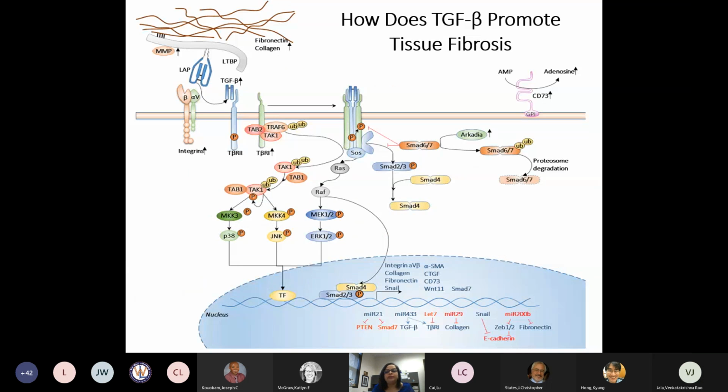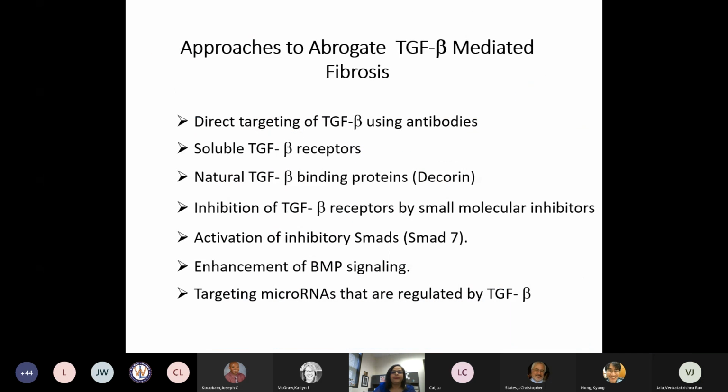How does TGF-beta promote tissue fibrosis? This can happen by a canonical pathway involving the SMAD2, 3, and 4 complex, or by a non-canonical pathway which involves activation of MAP kinases, P38, JNK, and ERK MAP kinase. This leads to activation of transcription factors, which then modulate pro- and anti-fibrotic protein expression.